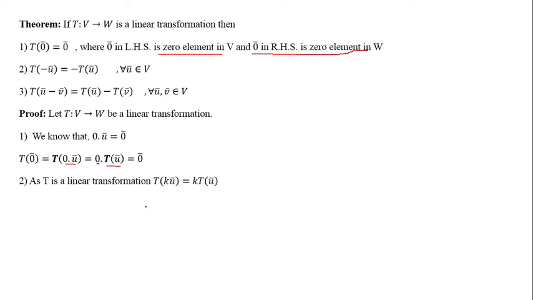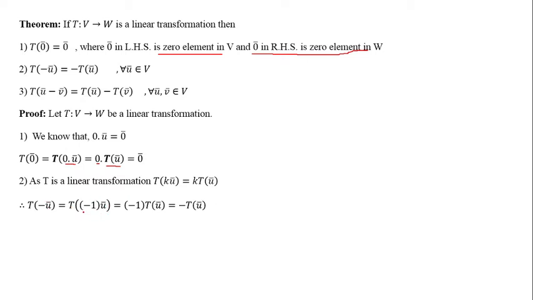Second, as T is a linear transformation, T operating on K U bar is K outside T operating on U bar, and therefore T operating on minus U bar can be written as T operating on minus 1 into U bar.